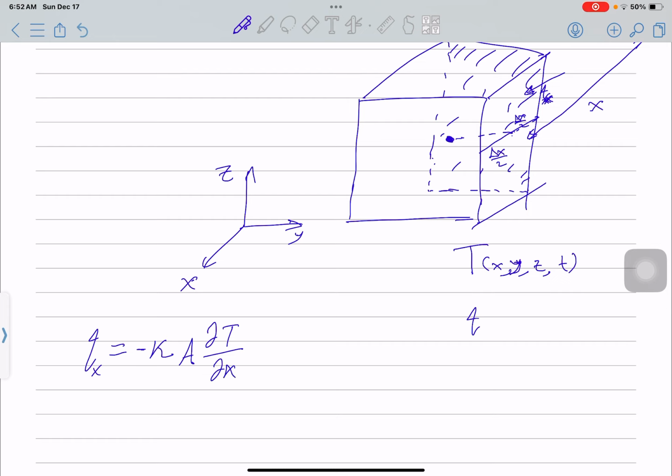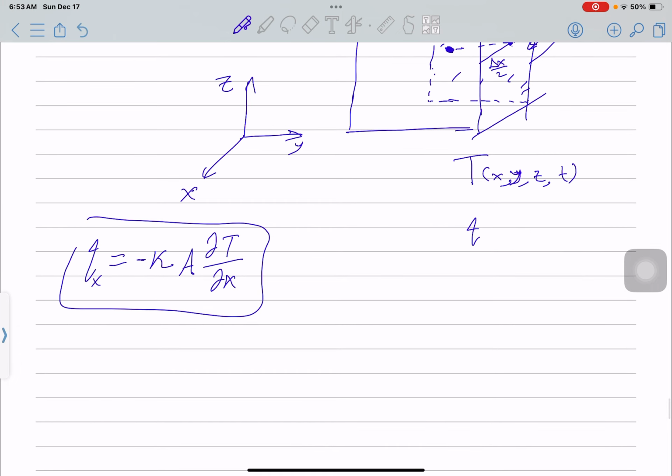We know that Qx is equal to this, but we don't need the Qx at this point. We need it at a point which is delta x over 2 in this direction from it. So we can interpret Qx as a function of x.